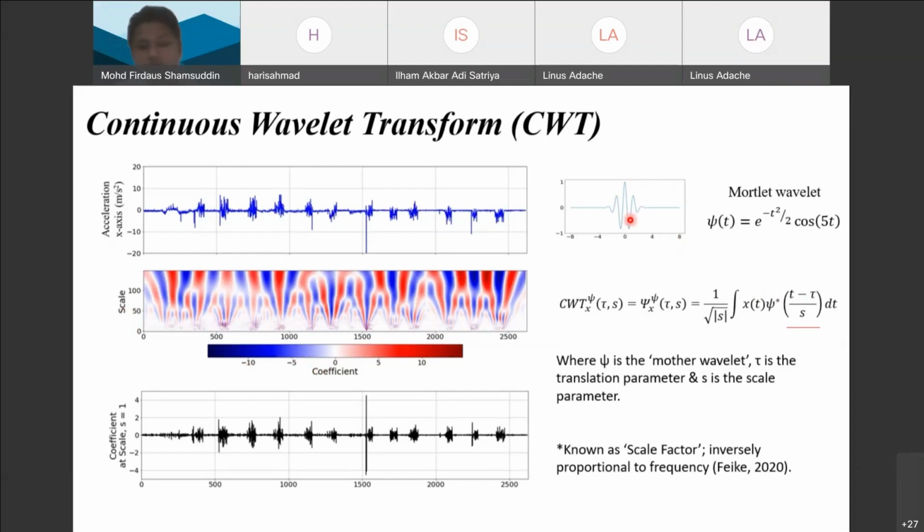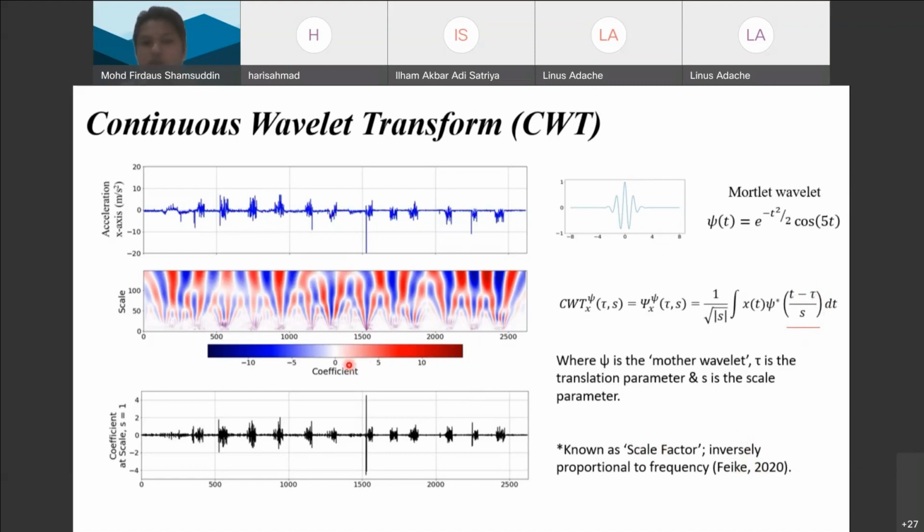One thing that we need to understand is that this term here, underlined in red, is known as the scale factor, and according to FAKE 2020, it is inversely proportional to frequency, which means that the lower scale corresponds to the highest frequency.